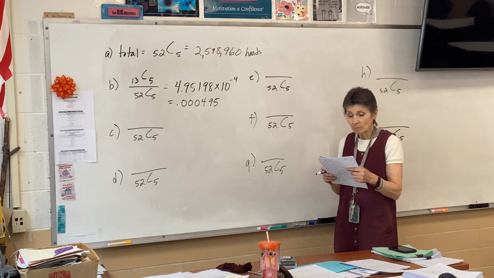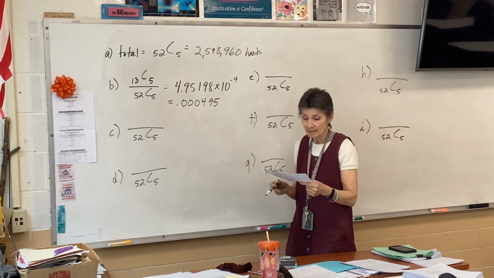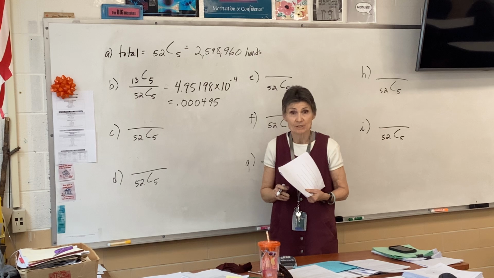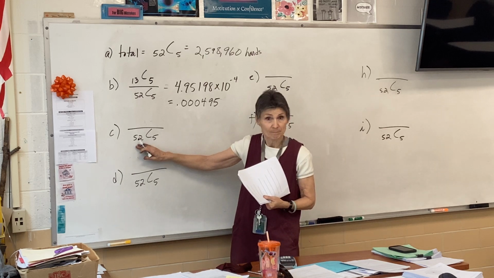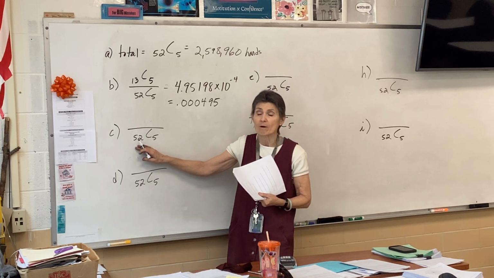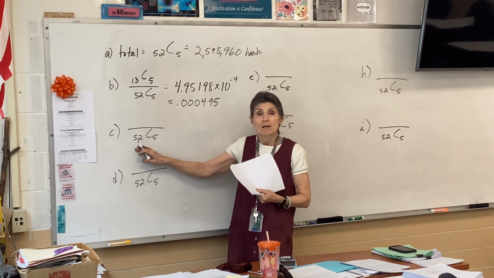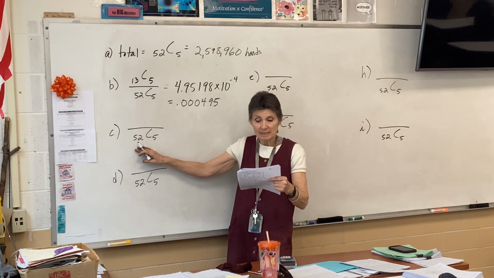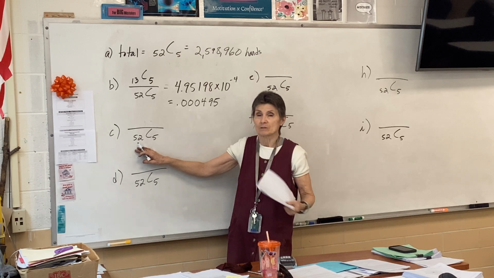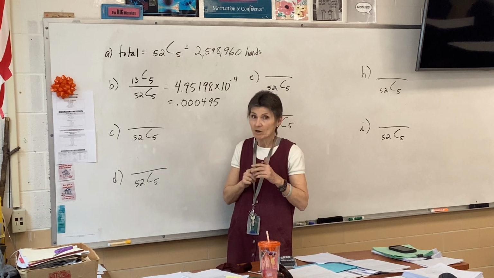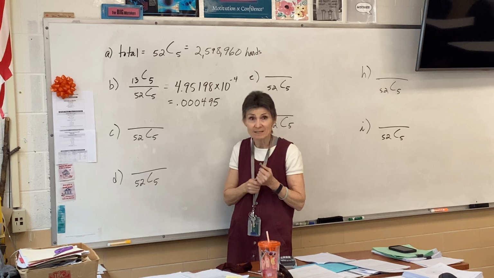All right, what about the probability of being dealt a hand with all face cards? Well, again, the denominator is the total. There are 52 total cards. You're picking 5 of them. The numerator is face cards. Now remember, face cards are the cards with faces on them.